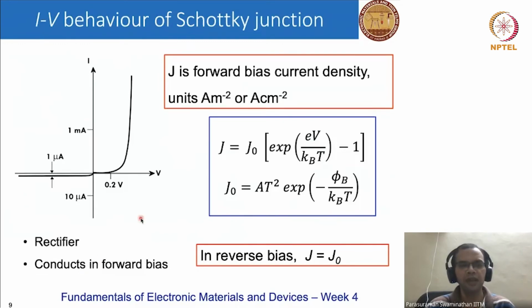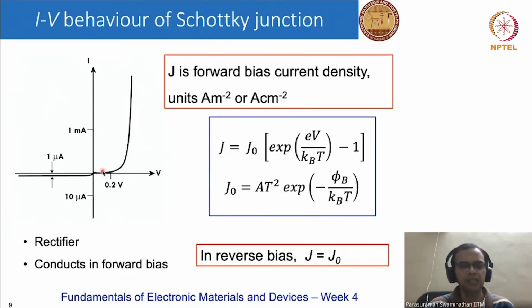So the barrier actually increases, and so we have very little current flow in reverse bias. So if you look at the IV behavior of a Schottky junction, we see that in forward bias, the current increases exponentially with the applied voltage, and we write this in terms of current density, where J is equal to J0 times an exponential dependence on the applied potential, and J0 depends upon the Schottky barrier of the junction.